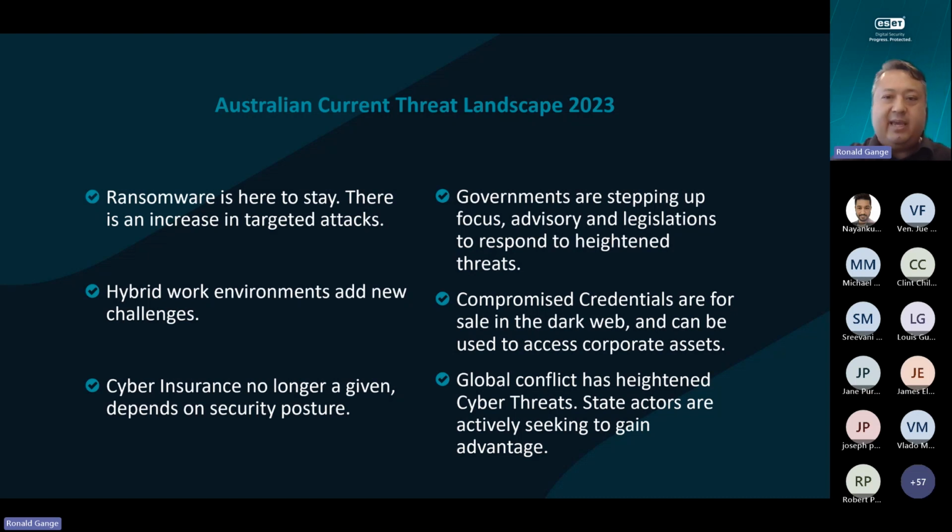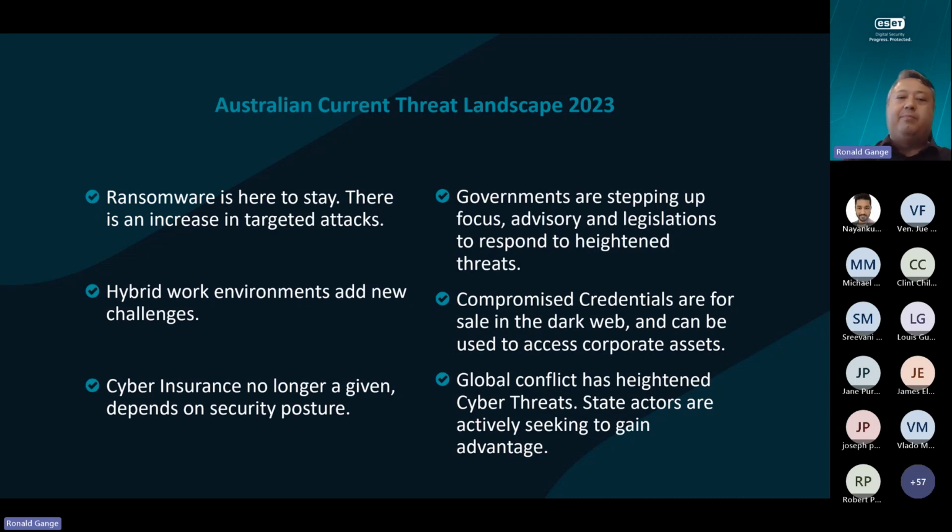The ACSC has put out recommendations based on the threats affecting the majority of Australian businesses, and that's where we have the Essential Eight from. As mentioned earlier, compromised credentials are always for sale on the dark web. Whenever credentials are breached, expect them to be sold on the dark web, and those can be used to attack companies and access corporate assets.